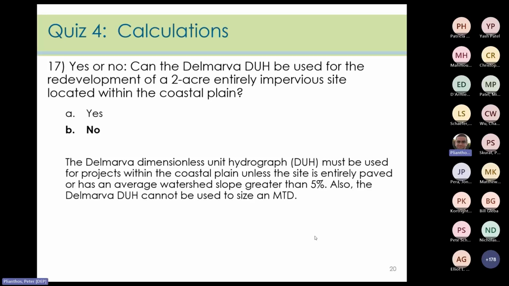If any of these situations are proven to be present, the SCS standard dimensionless unit hydrograph must be used. And a side note on this subject, if the Delmarva is used in the pre-construction condition, it must also be used in the post-construction condition. Same idea goes for the SCS.